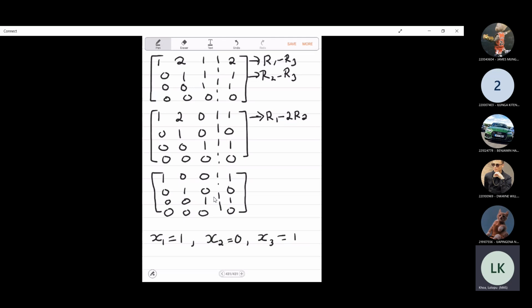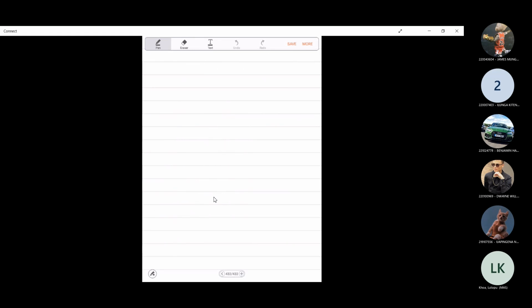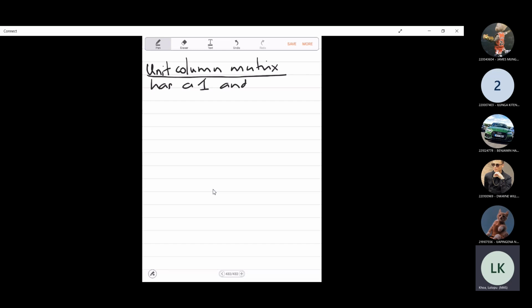Okay. So we look at what is called a unit column matrix. A unit column matrix is a matrix that has a 1 and zeros everywhere else.